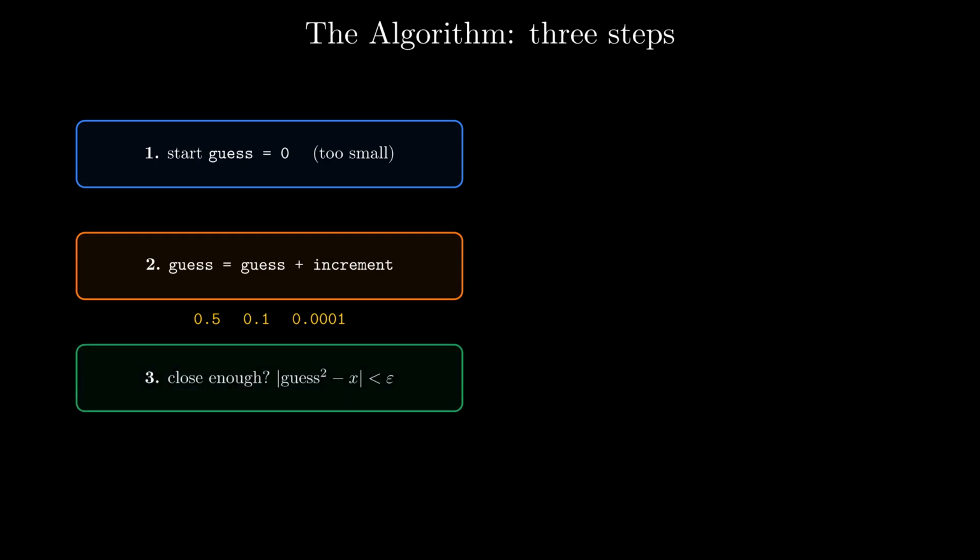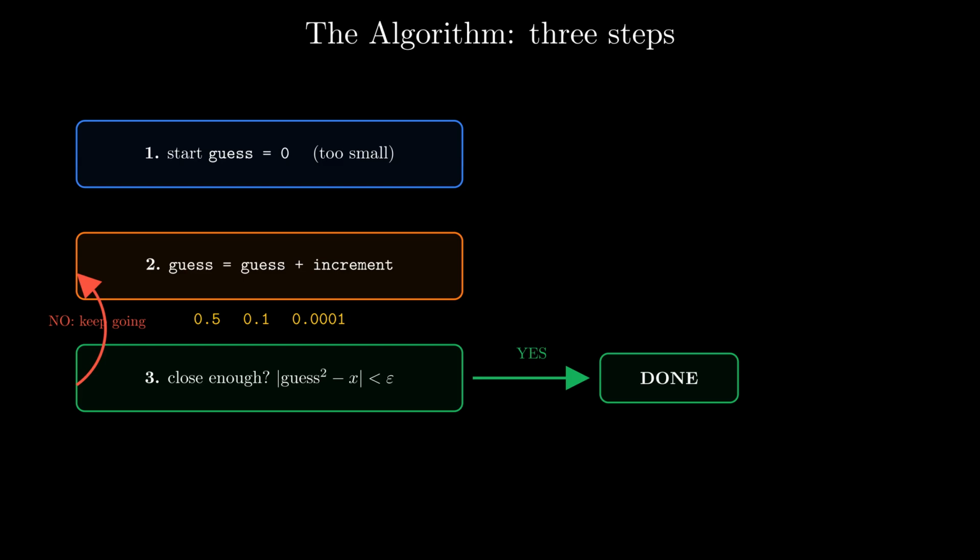Adding the increment gives us a fresh guess. Step 3, check whether that fresh guess is now close enough to x. If it is, we are done. If not, we keep incrementing and checking, climbing one small step at a time until our guess squared finally slips inside the epsilon band.